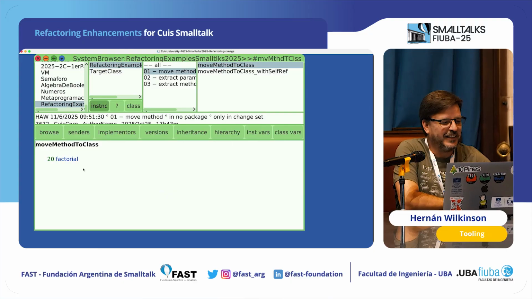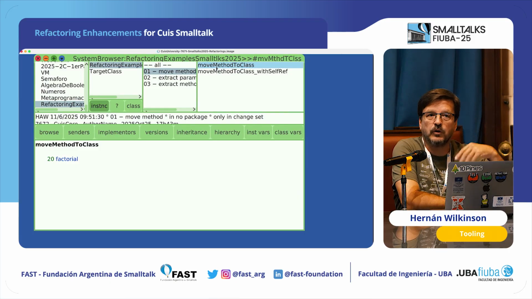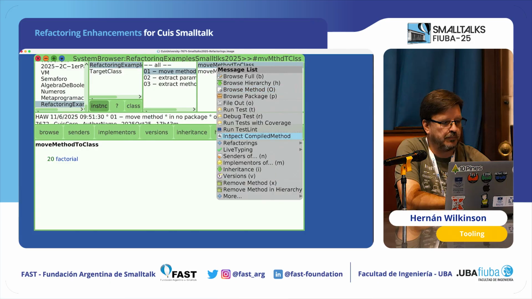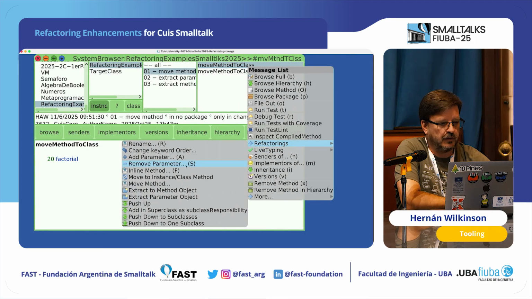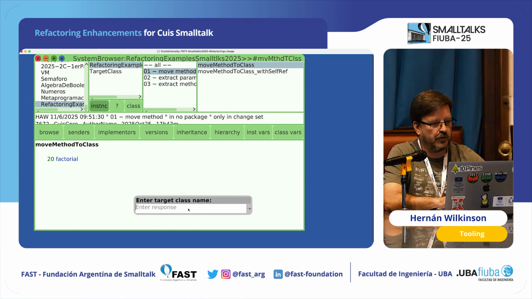I was going to show this feature of the move method refactoring that allows you to move a method to a class instead of going through an instance variable. So now, for example, this method, you can move it directly to a class. And you can select the class. For example, I'm going to select target class.